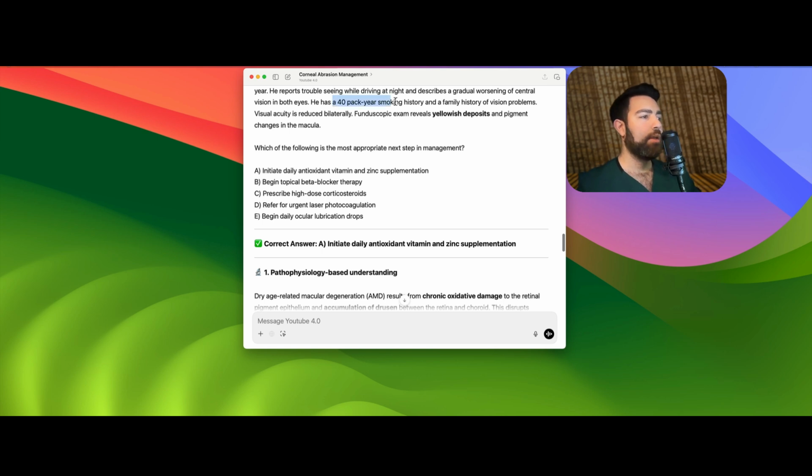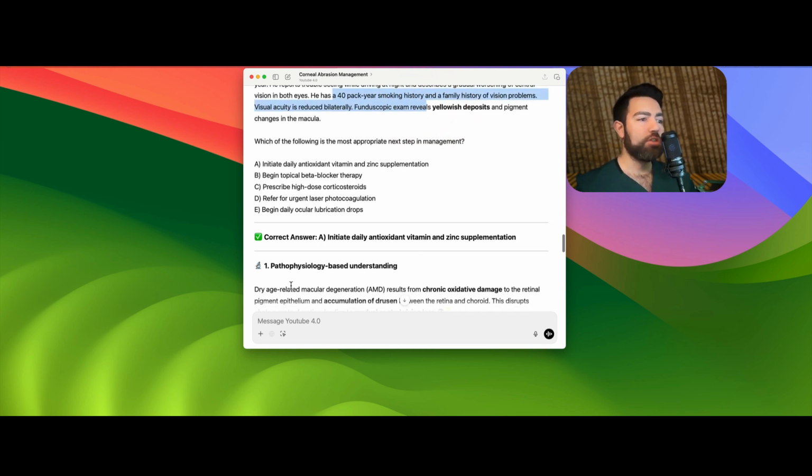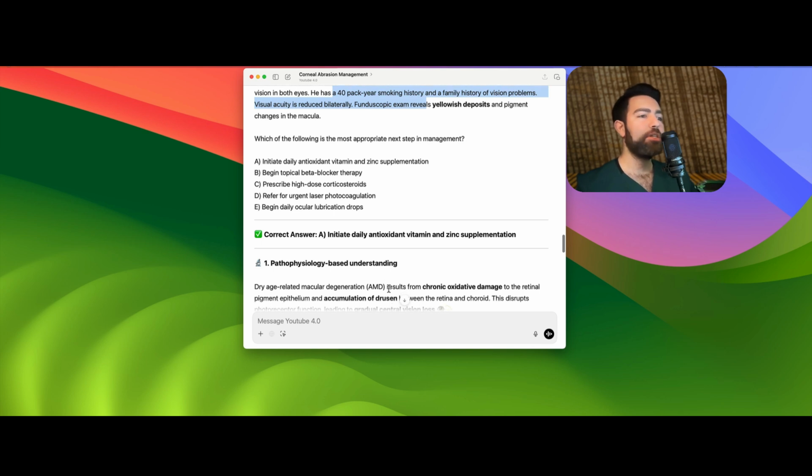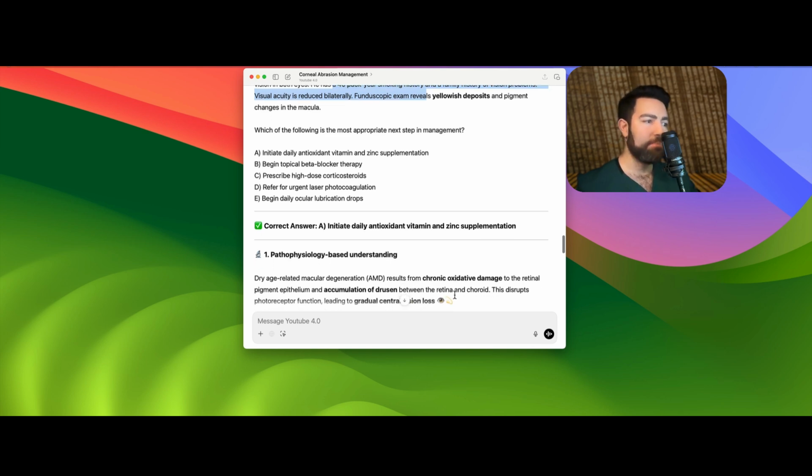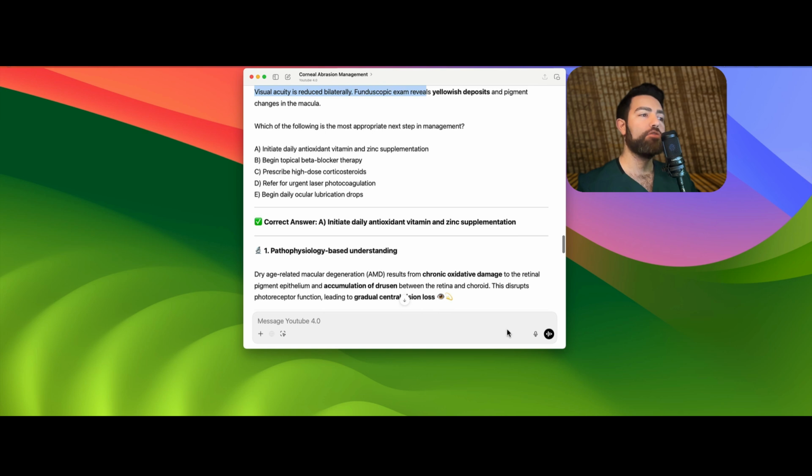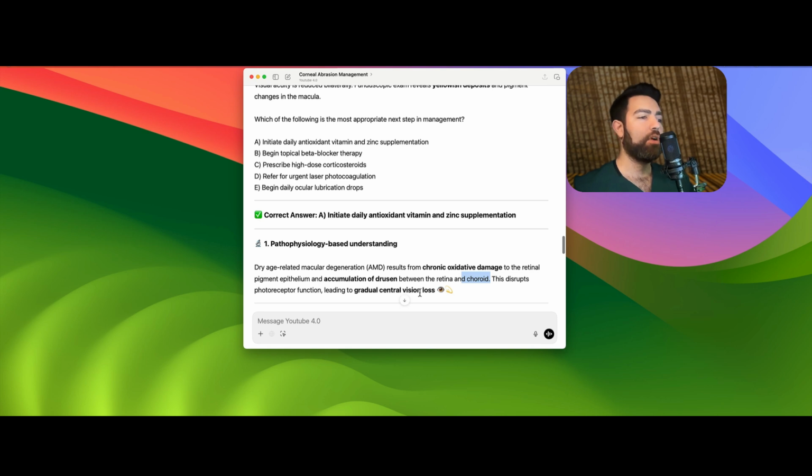So dry age-related macular degeneration, or AMD, results from chronic oxidative damage to the retinal pigment epithelium and accumulation of drusen between the retina and the choroid that disrupts the photoreceptor function, leading to gradual central vision loss. Okay, so very important to know the pathophysiology behind how this happens.